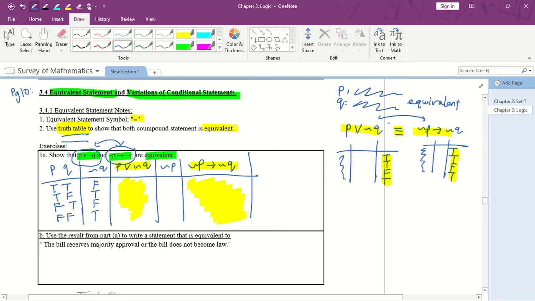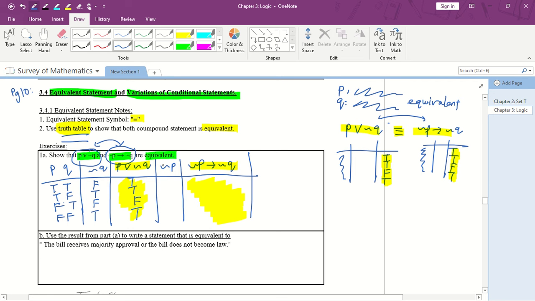So let's look here. True, false will be true. True, true will be true. False, false will be false. And false, true will be true. Only false, false can get false in a disjunction.